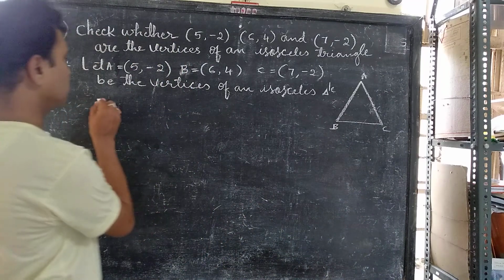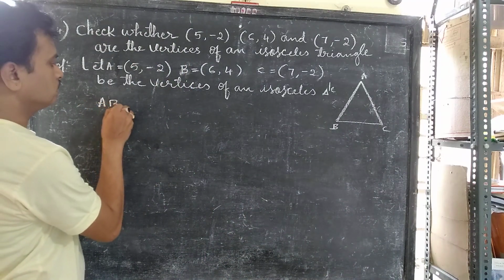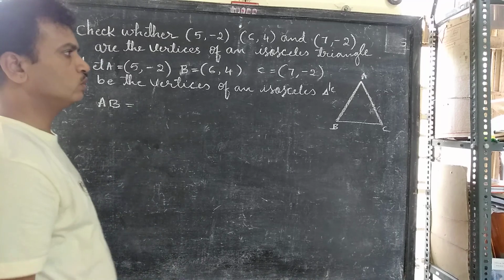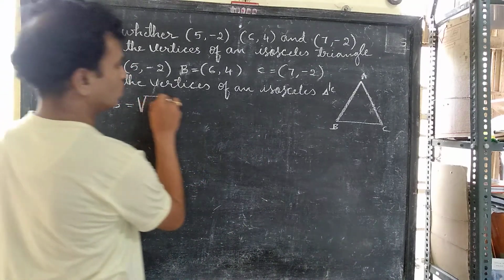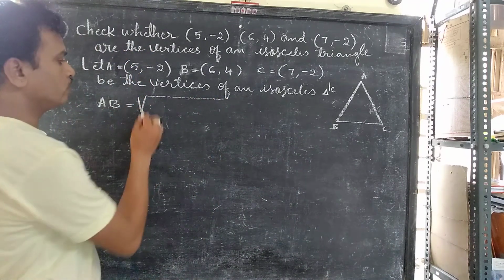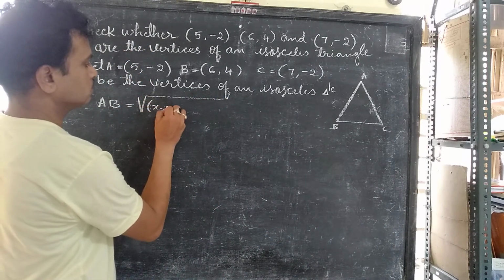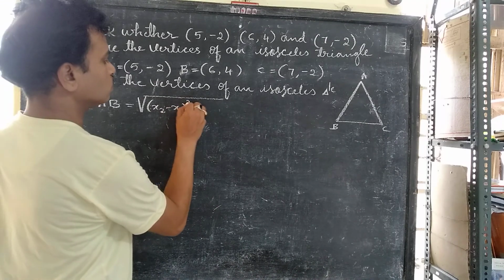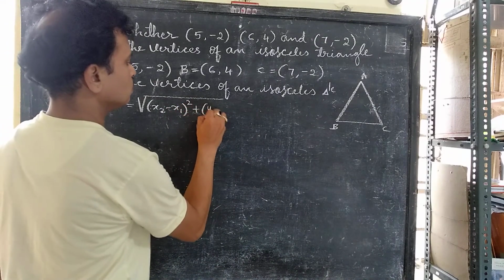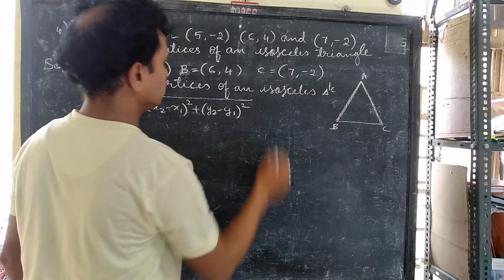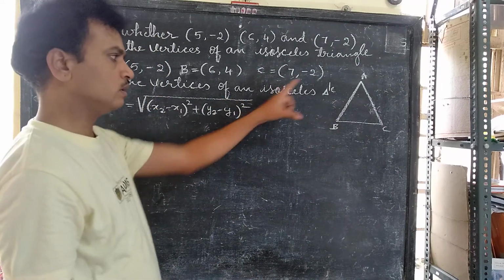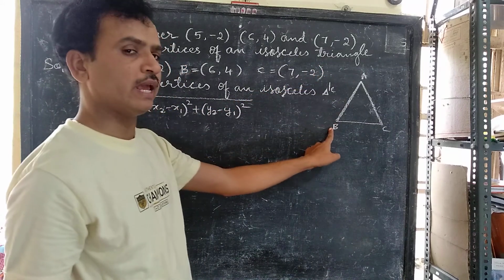We know the distance formula: square root of (x2 - x1) whole square plus (y2 - y1) whole square. This is the distance formula.